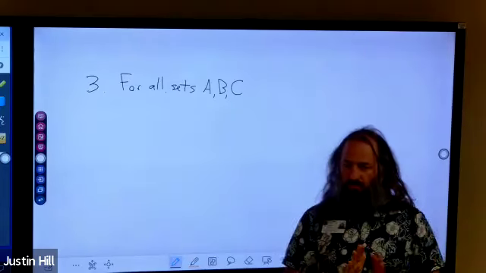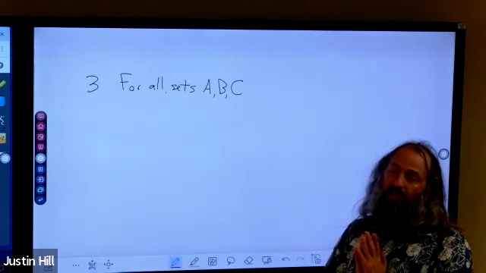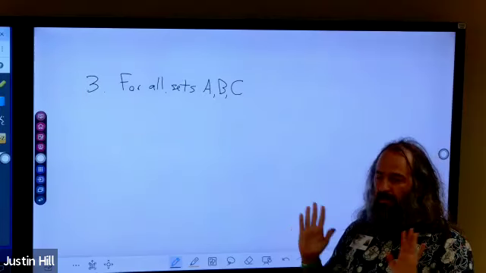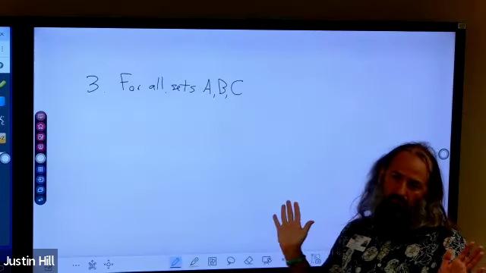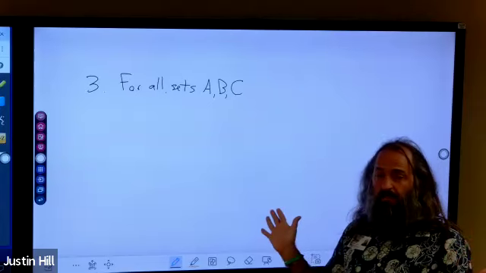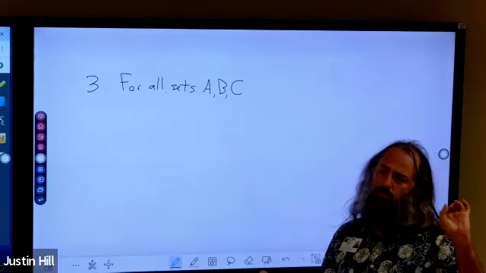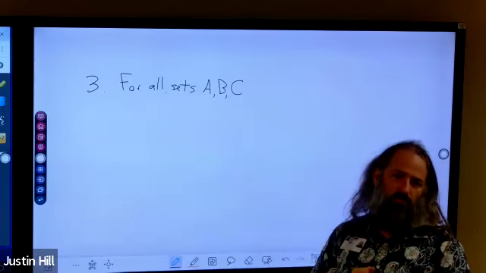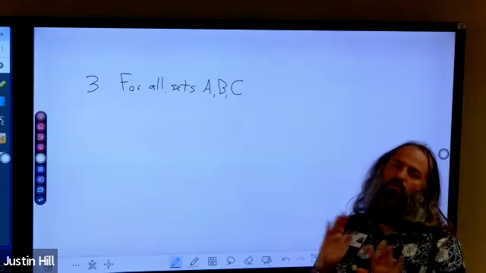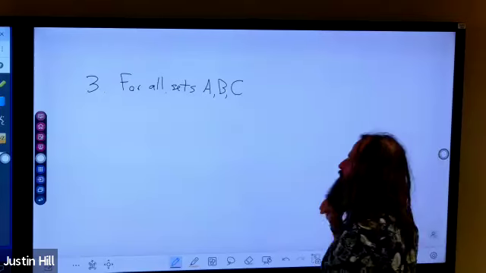Notice what they're claiming here. They're going to make a claim about every set you could ever imagine or make. A, B, and C. Doesn't matter the context. We could be talking about numbers. We could stick some shapes in there. You could put pictures in there. Doesn't matter what the objects in the set are. So we're saying for all sets A, B, and C that could ever be created.